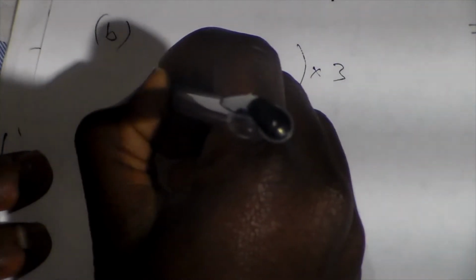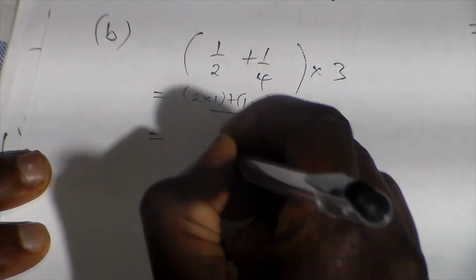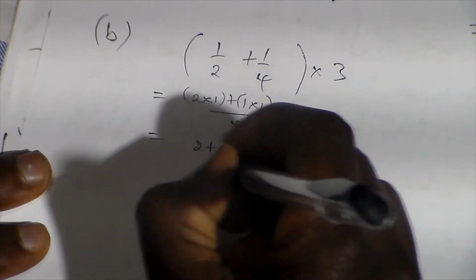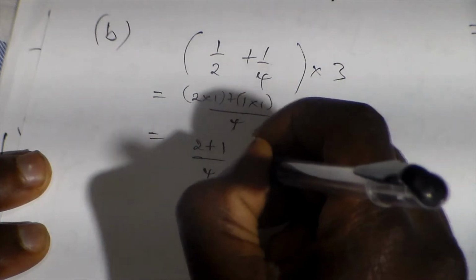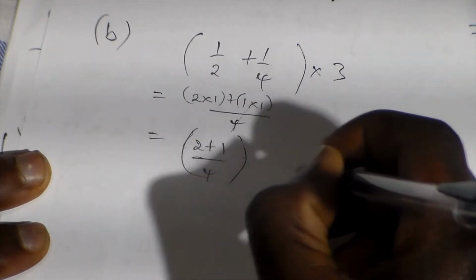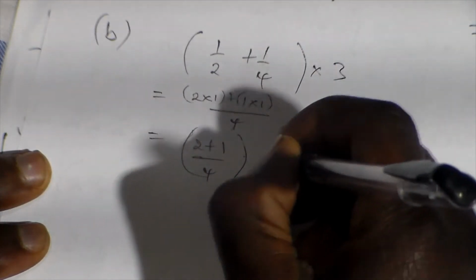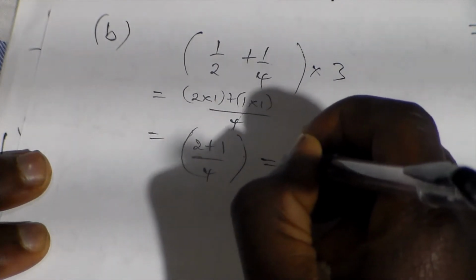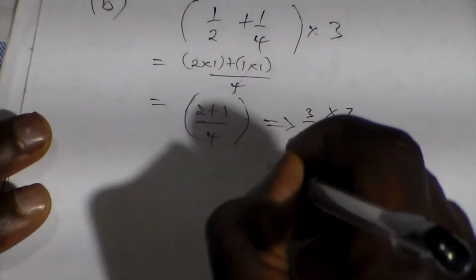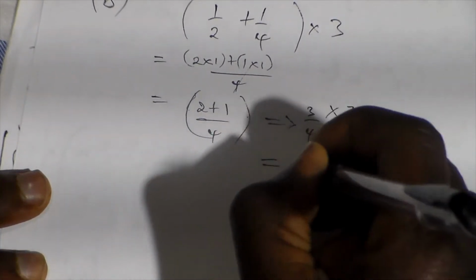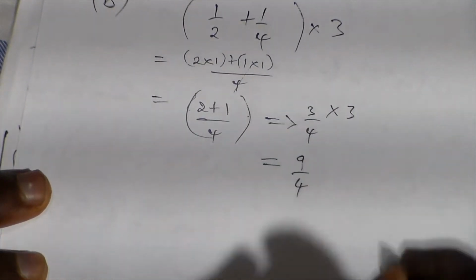Okay. Then we'll get 2 plus 1 over 4. This will give us a 3 over 4 multiplied by 3, and 3 by 3, our final answer will be 9 over 4.